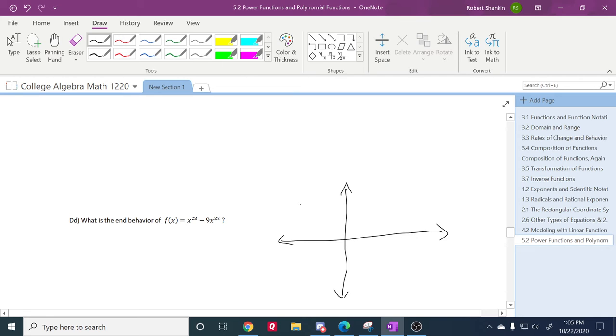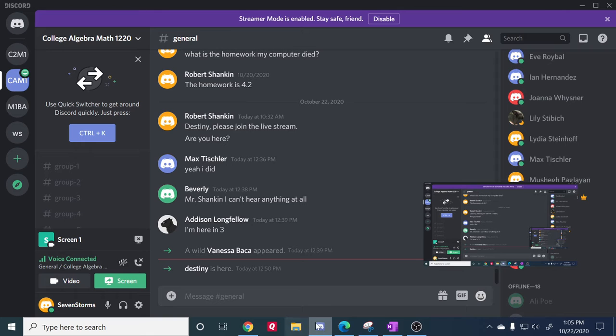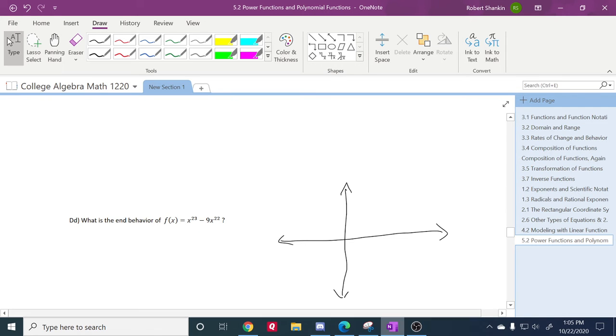Group 4? Yeah, I'm pretty sure on the right it goes up, and on the left it goes down. And why is that? I don't know. That's just what we discussed in chat.